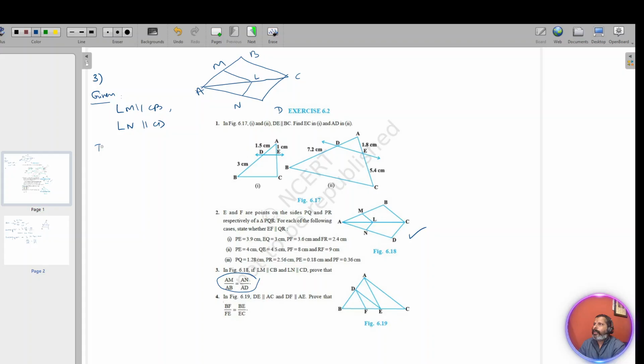To prove: AM by AB equal to AN by AD. Even if you write this much, you will get half marks. Even if you don't know how to solve this question, you should know how to extract what is given and what is to be proved. Even if you write this, half marks you will definitely get.